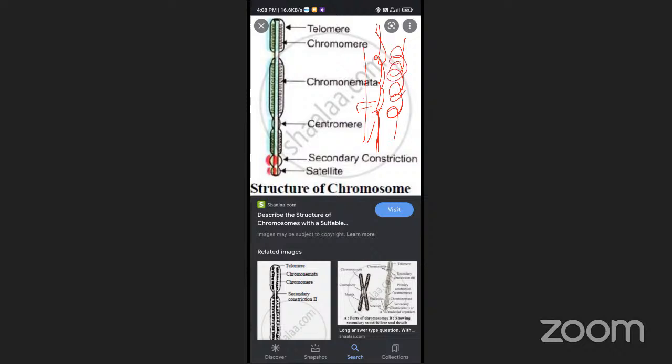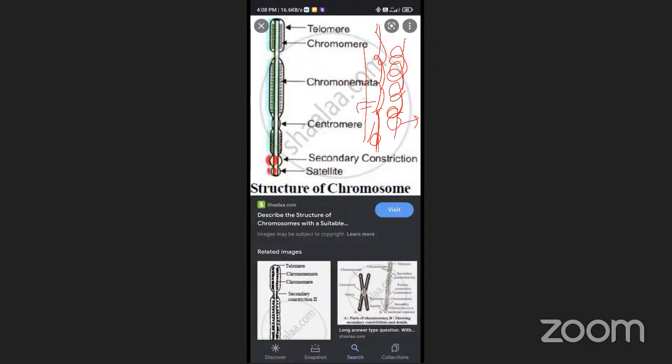But this is due to the condensation. Condensation means increasing the folding. For our better understanding, this is the nucleosome model, this is the solenoid model, and these foldings deeply increased and reached very great thickness. This is called chromatid.